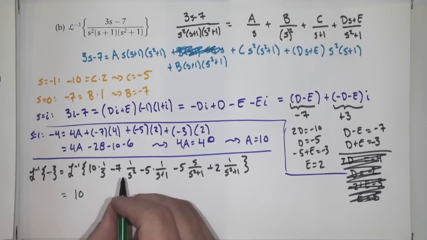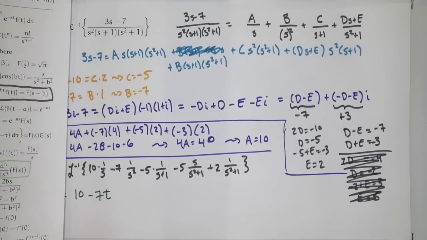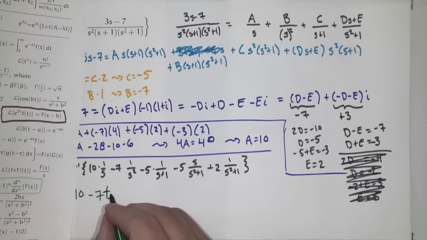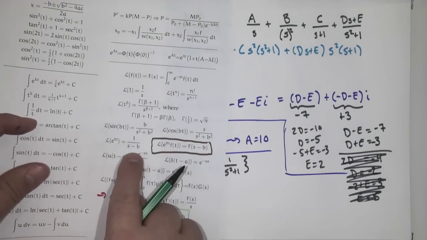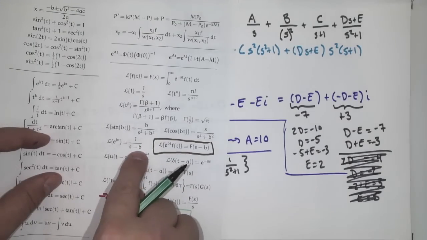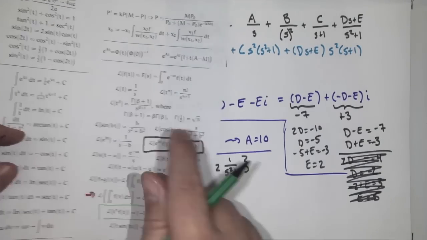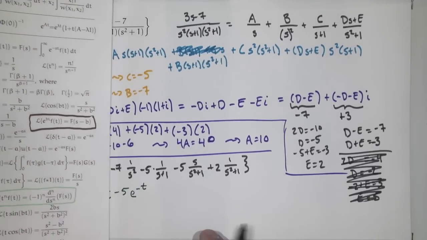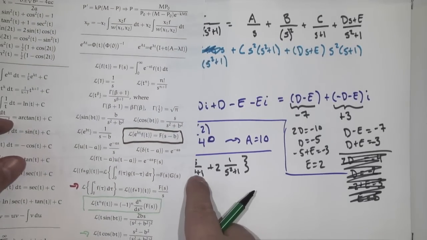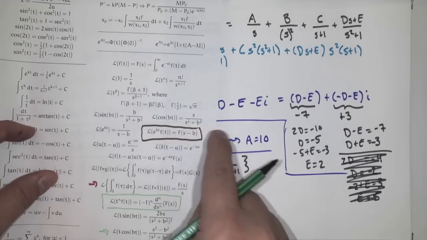So that means that this becomes a minus 7 times t. Then we have a minus 5, 1 over s plus 1. That becomes an exponential. s plus 1 is s minus minus 1. So that's going to become an e to the minus t. S over s squared plus 1. That's our cosine with b equals 1.